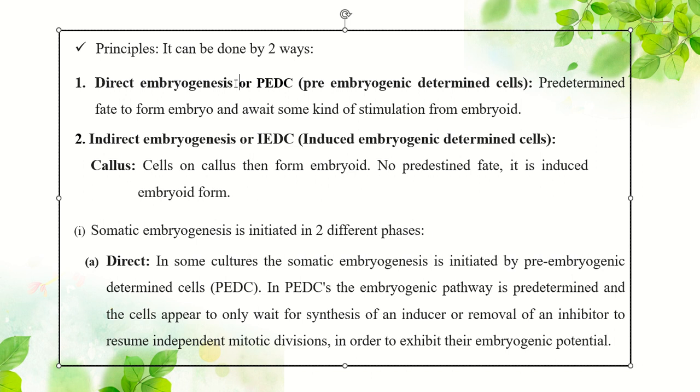Now, direct embryogenesis involves pre-embryogenic determined cells. You are assuming the fate of the cell is predetermined to form an embryo, and it awaits some kind of stimulation. Indirect embryogenesis involves induced embryogenic determined cells.